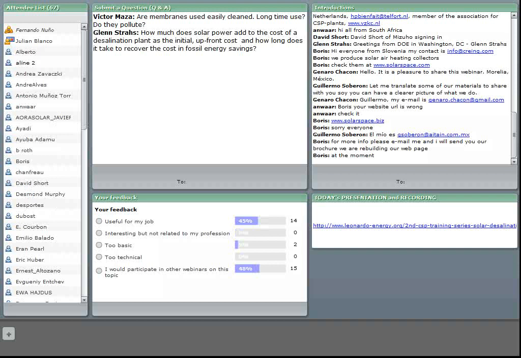How much does solar power add to the cost of a desalination plant as the initial upfront cost? And how long does it take to recover the cost in fossil energy savings? Of course, there is a significant number of studies about that.